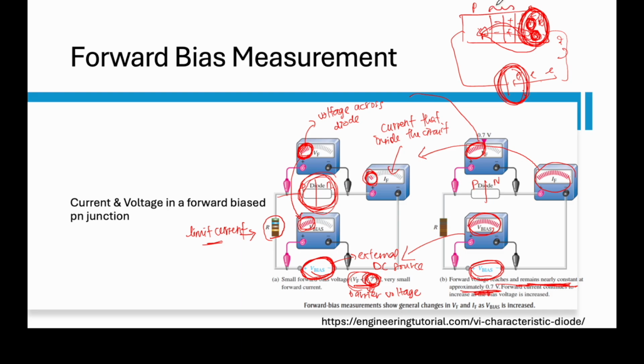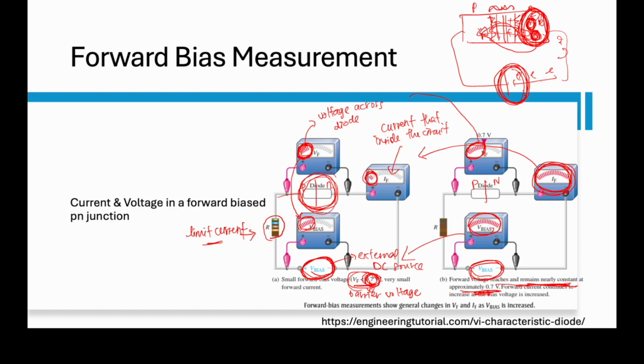It will start to break down and become thinner and thinner, which allows much more current to pass through compared to when the voltage across the diode has not reached 0.7 volts yet.